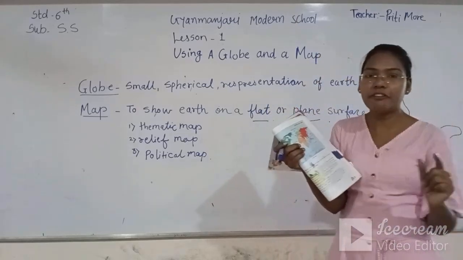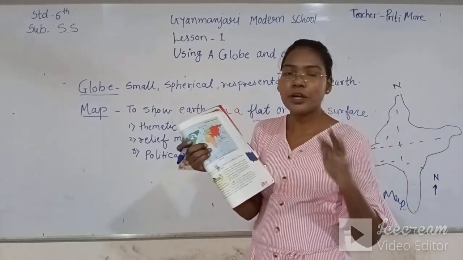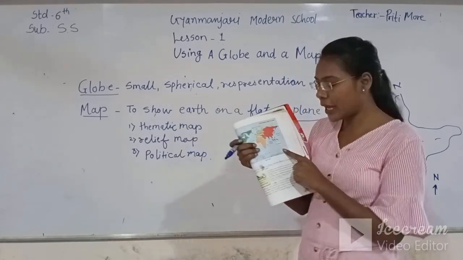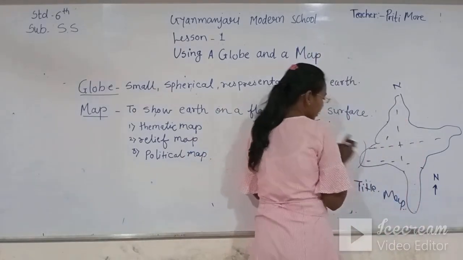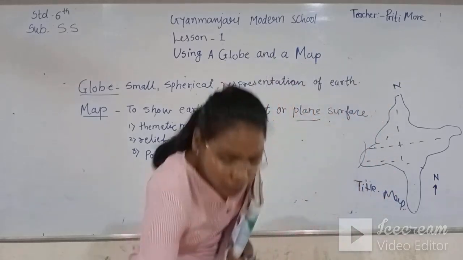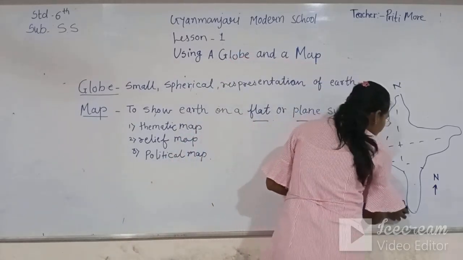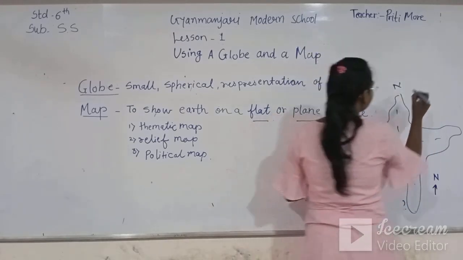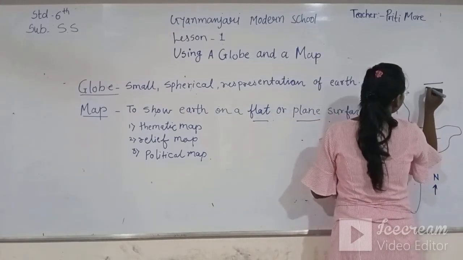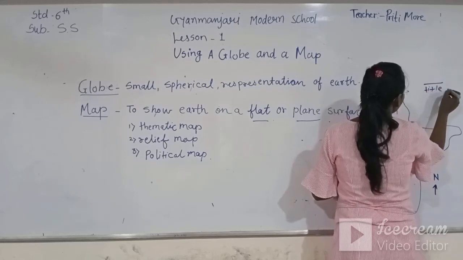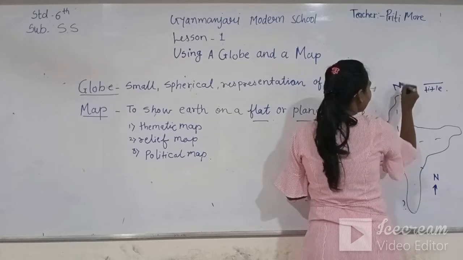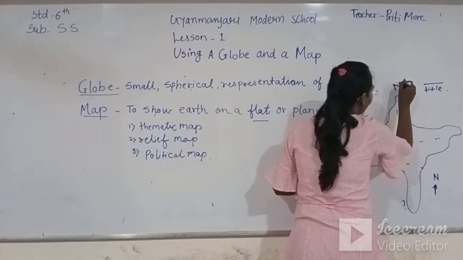So in each and every map, whatever its type, a title is there on the map, and one arrow is also there to show us the direction. Title here, and one arrow here, so you can find out the upper side is the north side.